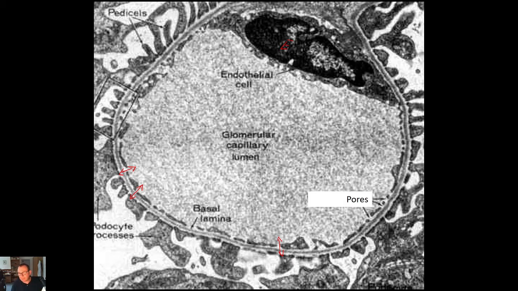There is nothing, and so the only limitation for the substances passing through these pores is their size. The size of pores is approximately 70 to 80 nanometers. So smaller structures can pass through the pores, larger structures no.